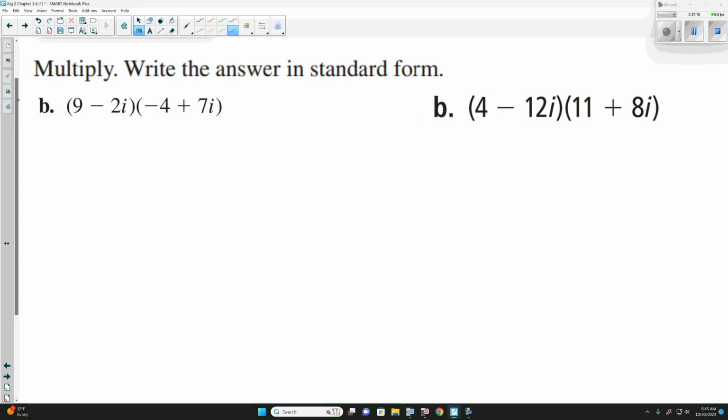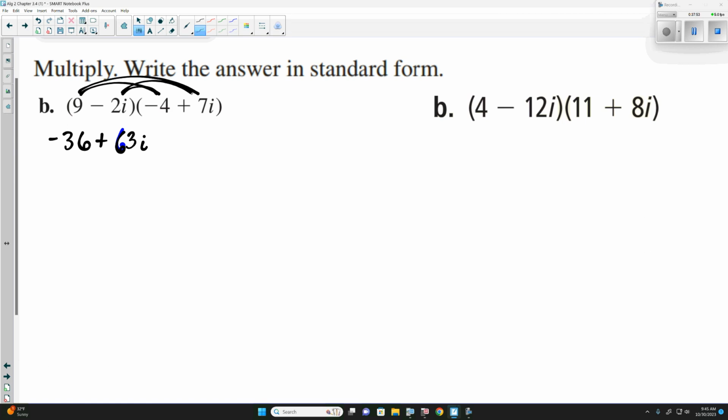Multiply these in standard form. As we've seen already, the graphing calculator can do these. I'm going to do the first one by hand. 9 times negative 4 would be negative 36. 9 times 7i is going to be plus, not 54, 63, because I was thinking of 6. 6 is 54, 7 is 63.